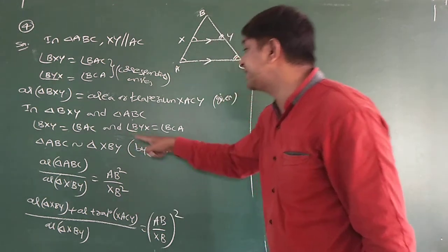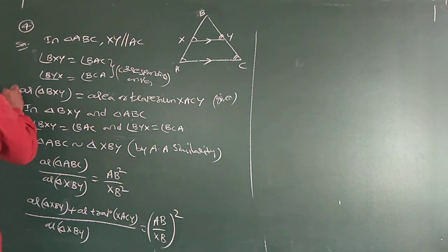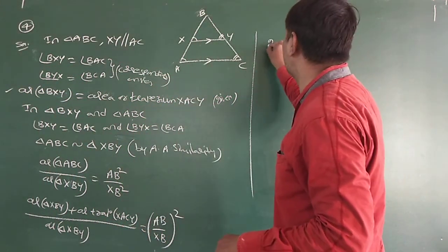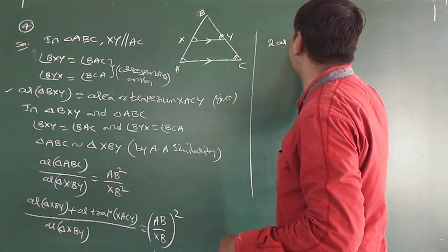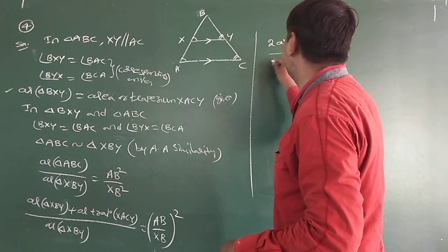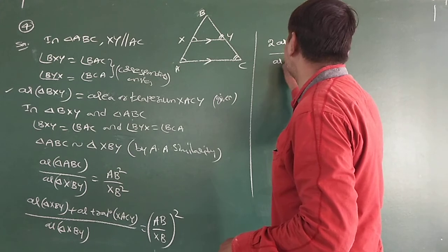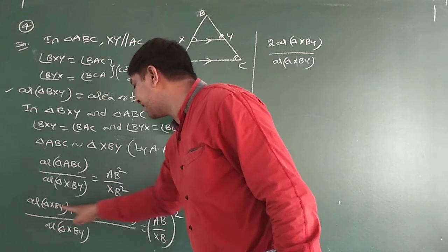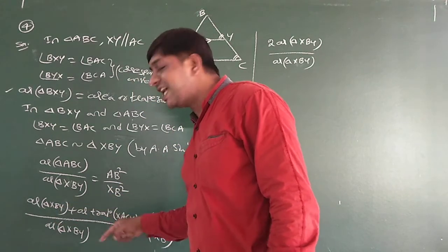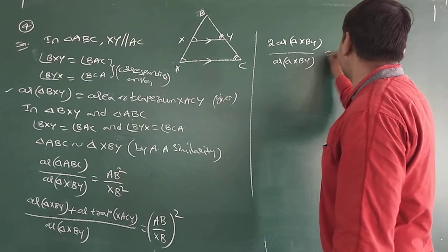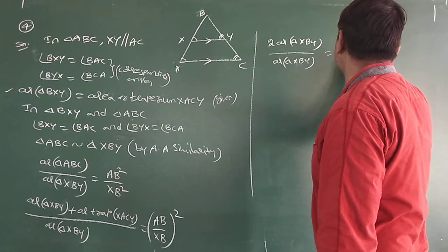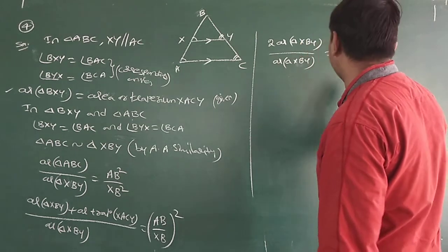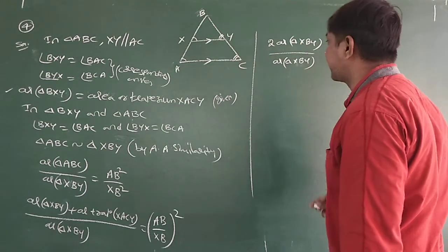Since these two areas are equal, this can be written as 2 times the area of triangle XBY by area of triangle XBY, because XBY and the trapezium areas are equal, is equal to AB by XB whole square.